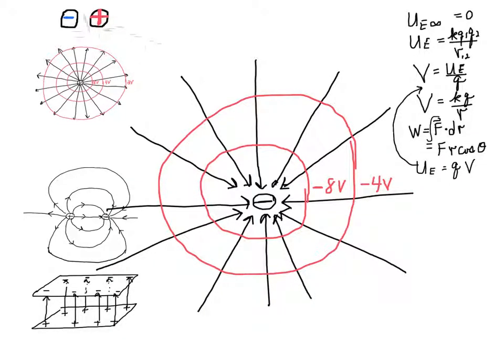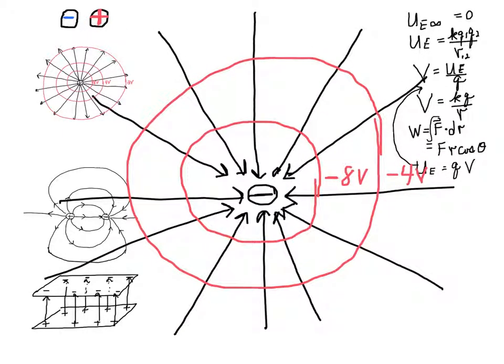Notice that I brought in the negative charge, and I drew some circles, which are pretty bad. But the negative charge is going to have negative voltages. So we do have negative energies and negative voltages, and that would come out of this equation for the voltage. You see, if the charge is negative, the voltage is going to be negative.